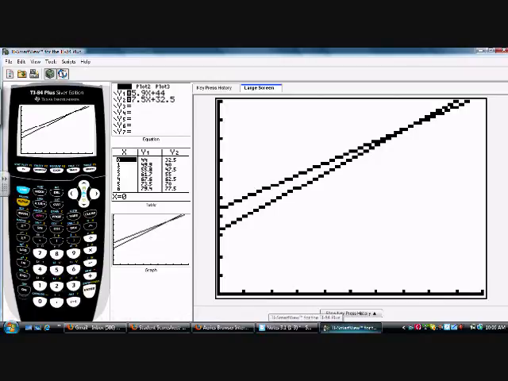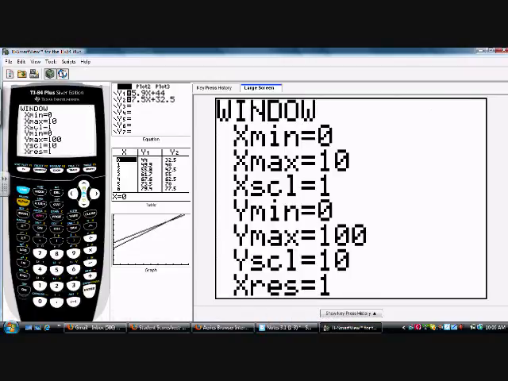Now, press the window button. We're going to have to reset our window to get the nice graph that I got. So my weeks were 1, 2, 3, 4. I'm going to start my X's at 0, and I'm going to go all the way up to 10, so my min is 0, my max is 10.